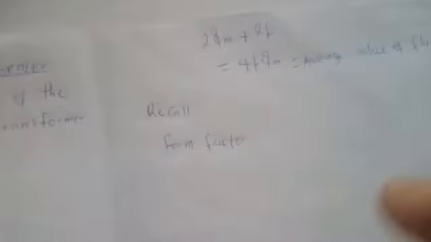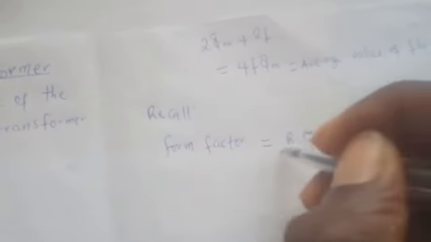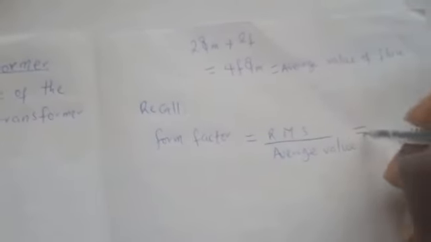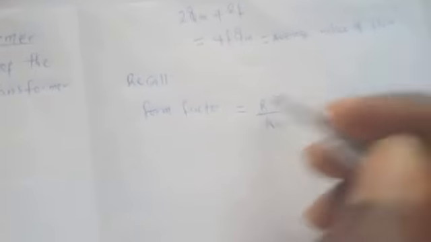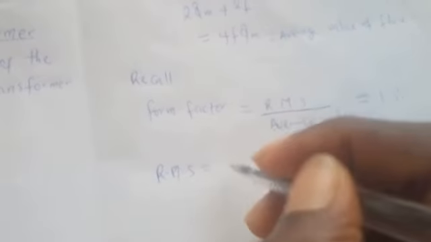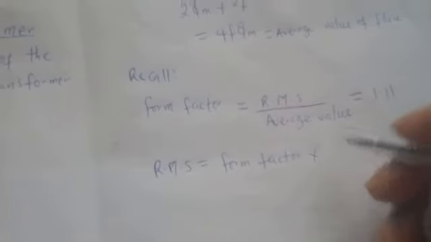Now you recall that your form factor is equal to the RMS, which is what we have to obtain, divided by the average value. And this is equal to 1.11. Now, if I make RMS the subject of the formula, I will have RMS equal to the form factor multiplied by the average value.